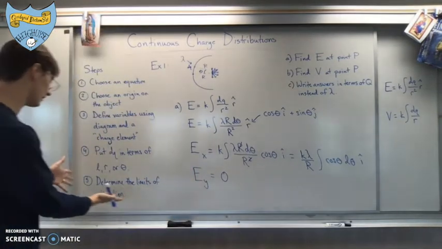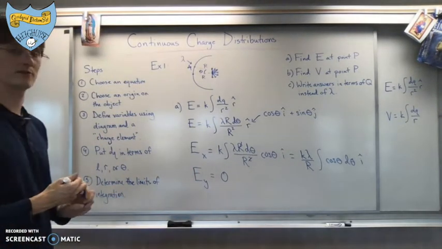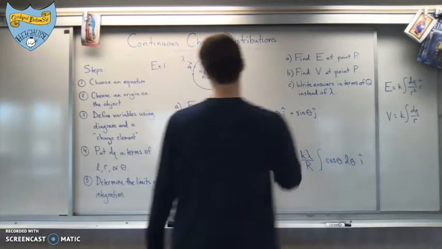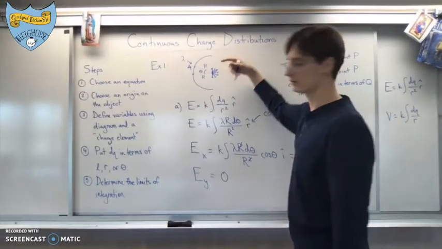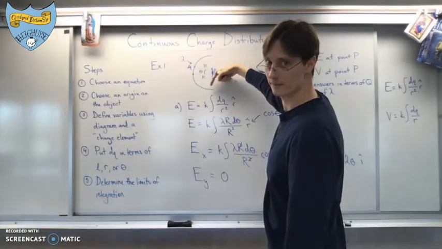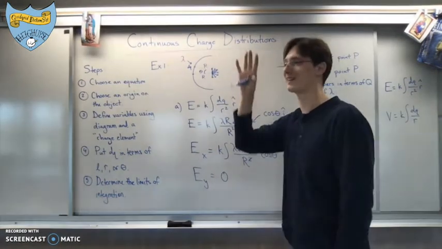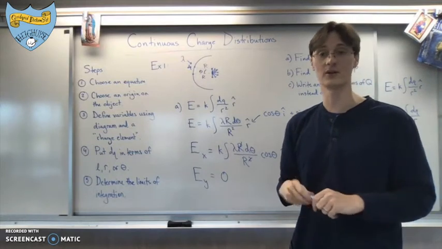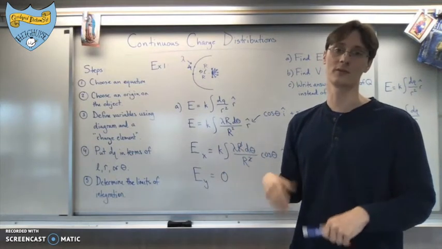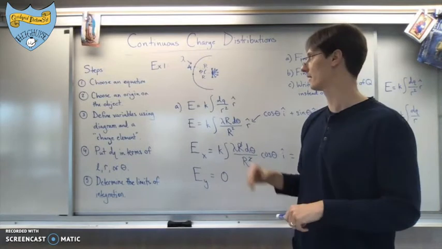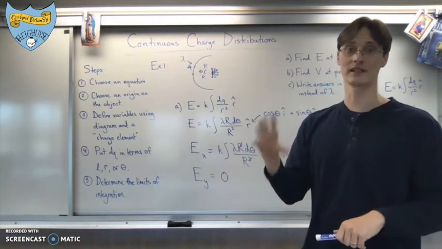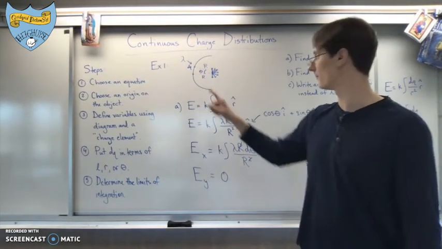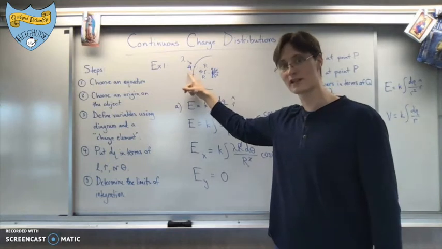Okay, so last thing to do is determine the limits of integration. Since this is a semicircle, right, the whole thing is pi over 2, or sorry, that's not true. 2 pi radians is a complete circle. So a semicircle then would be pi radians. Our limits are not going to be 0 to pi. My origin is right here in the middle.